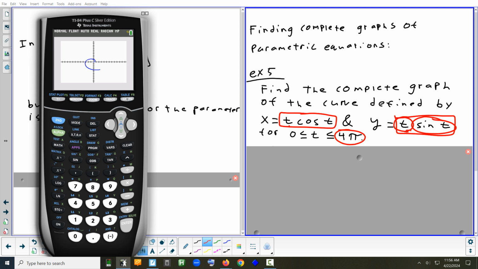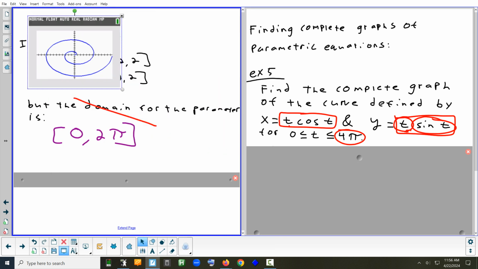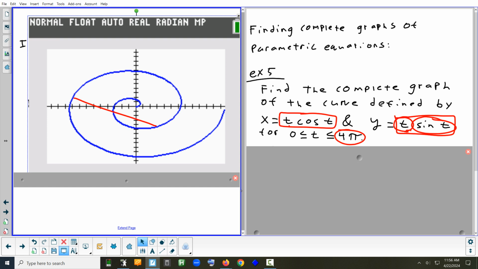Now, I did a little bit of overkill by setting everything to negative 4 pi to 4 pi. The only place that you really needed the biggest part of the window was over here, the x max.